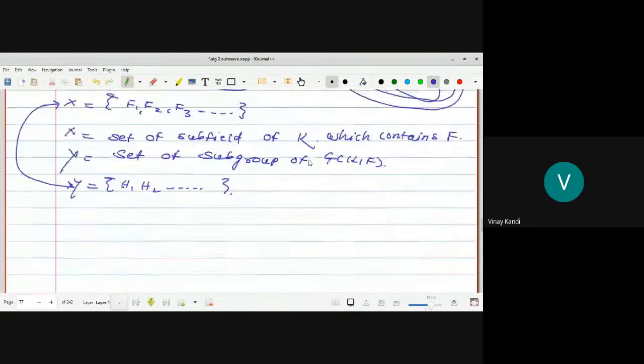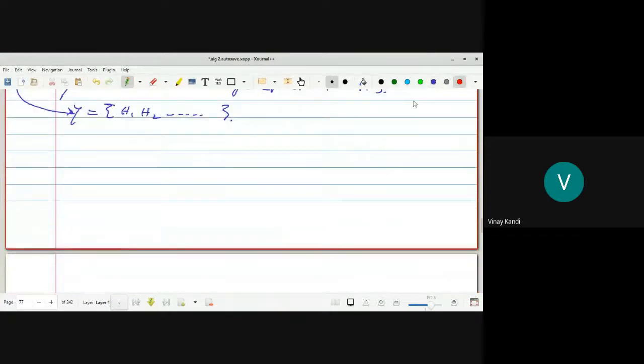Write down all the given things first. Let capital K be the normal extension of F of characteristic 0.